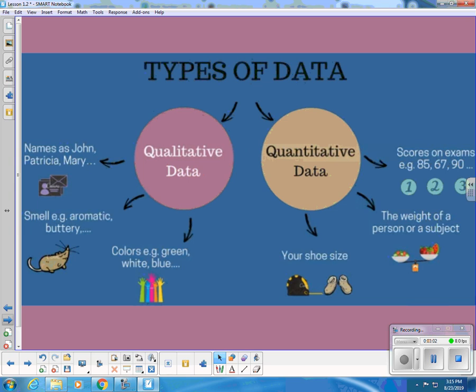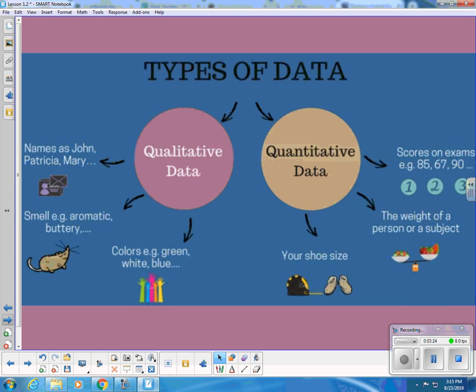Generally, they're not numbers, but they can be. If they are numbers, they're numbers that are just labeling. So, for instance, license plate numbers is a qualitative type of data. You're just labeling with it.